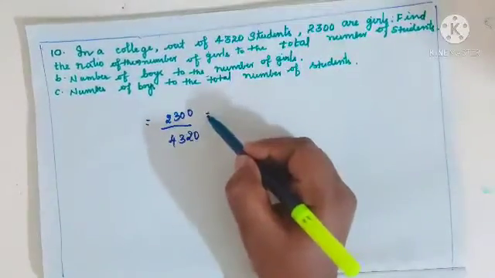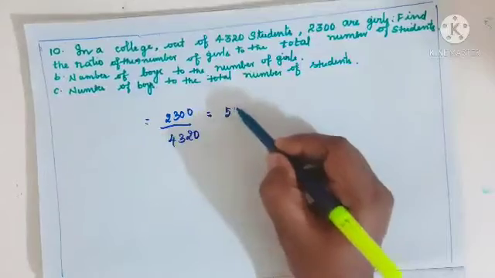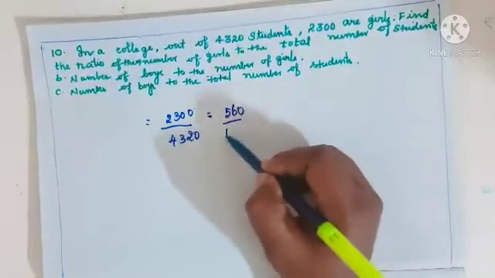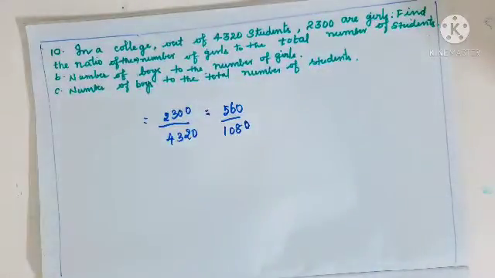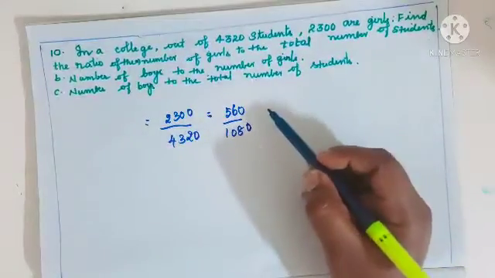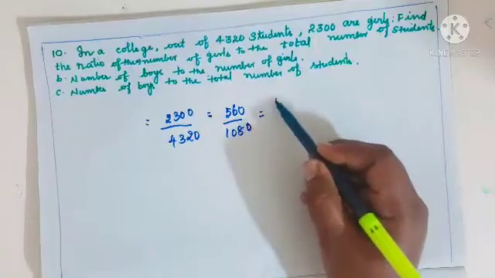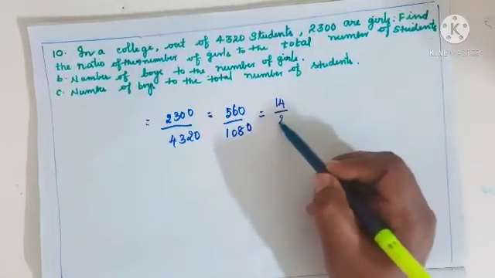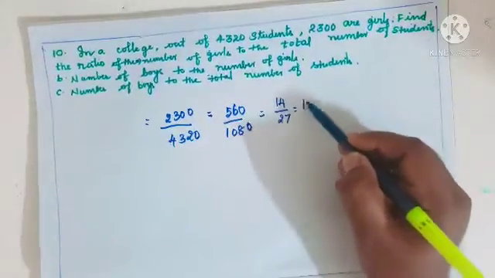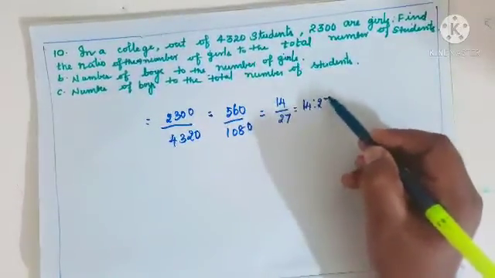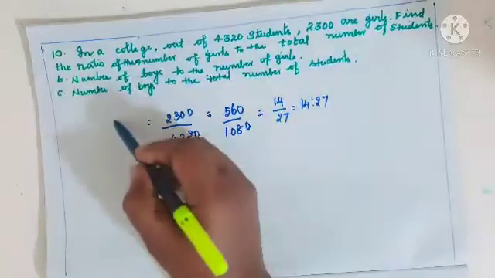So if you cancel, you will get 230 divided by 432, divided by 2 table. Okay. Then again if you divide it, you will get 14 by 27. That you divide and see. Okay. So that is equal to 14 is to 27 is the ratio. Okay. This is A part.